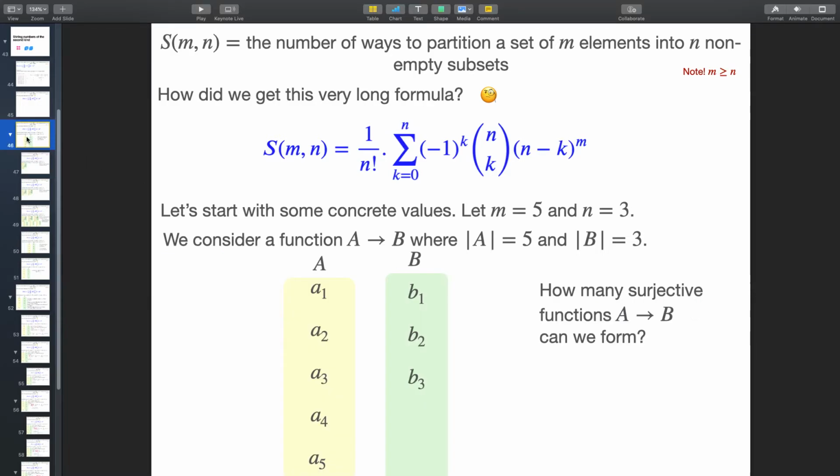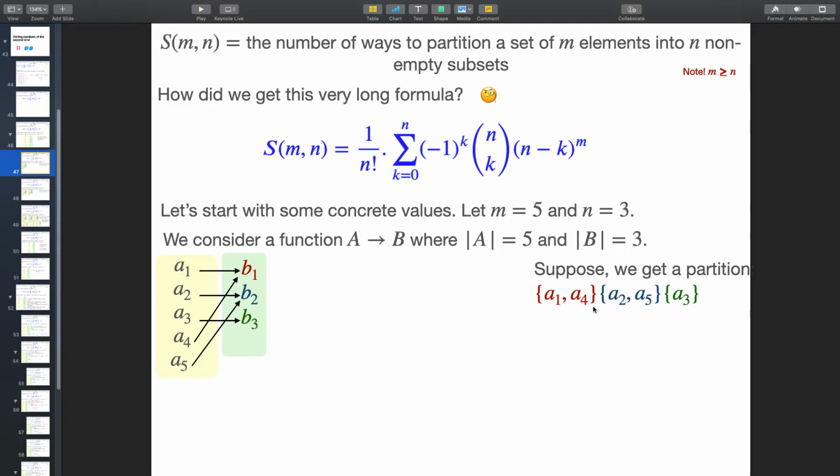Now, kung i-relate natin siya dun sa how many surjective functions can be formed, pwede nating i-associate ang bawat isang subset sa isang element ni codomain, right? So, for example, one surjective function that we can obtain is to associate yung A1 and A4 to B sub 1.